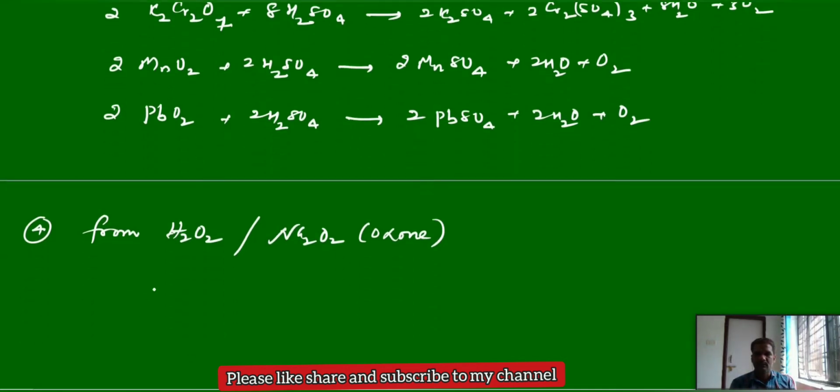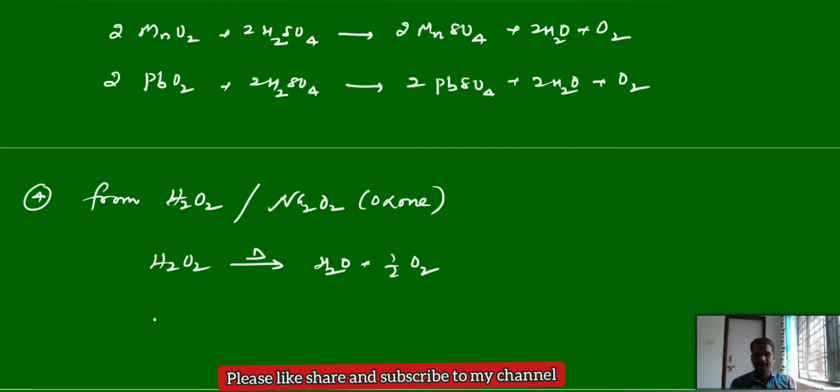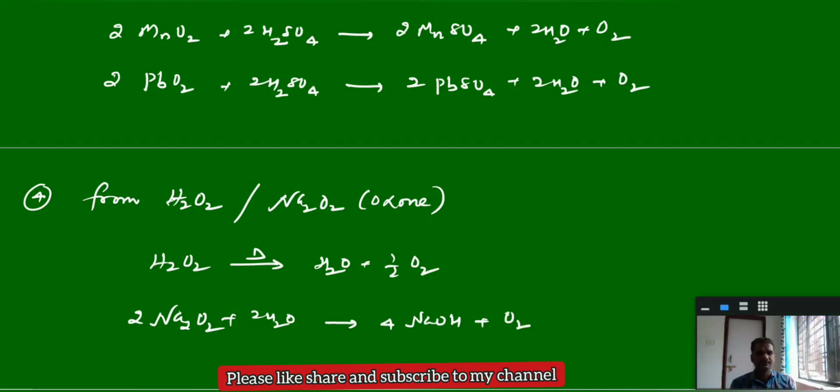You can see here thermal decomposition of hydrogen peroxide and hydrolysis of sodium peroxide. Hydrolysis can produce sodium hydroxide and liberates oxygen.